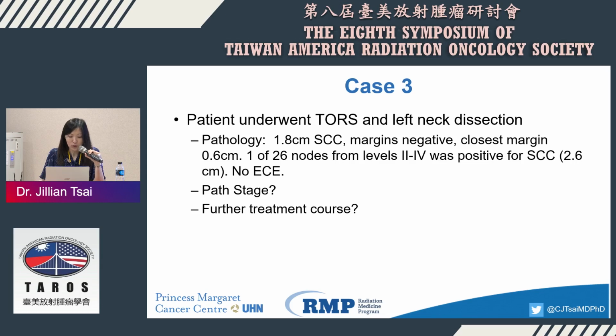Okay. So for wide margin resection, 1 out of 26 lymph nodes, this patient would fall into the ECOG 3311 low risk group for observation. So this would be that group of patients that could be observed.